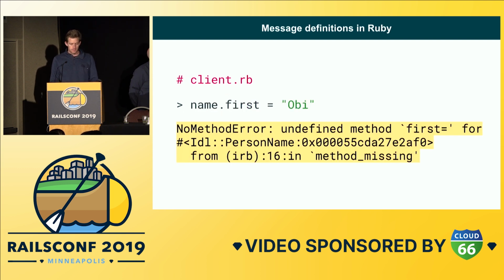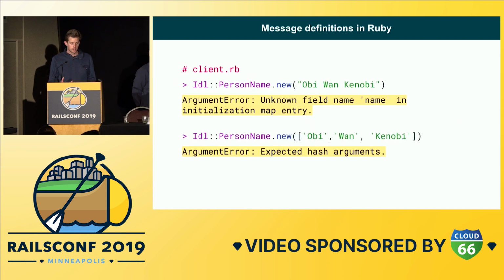And there's some really good error handling that's included here for free. If you try to assign to a field that's not available, you'll actually get a method missing error here, and you should know right away that you're not using that object correctly. And that applies to instantiating new objects directly with arguments as well.